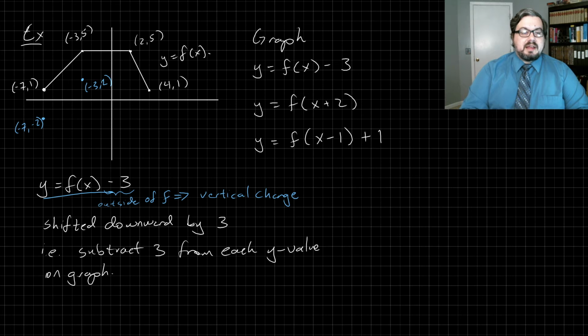So we get (-7, -2), (-3, 2), (2, 2), and (4, -2). And there's our graph of the function y equals f of x minus 3.